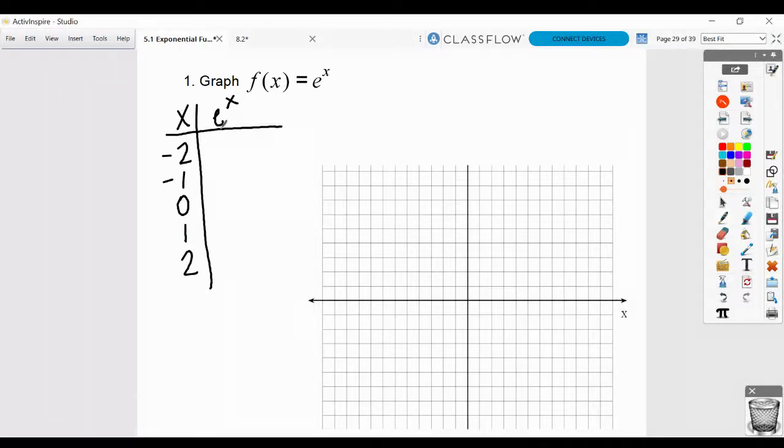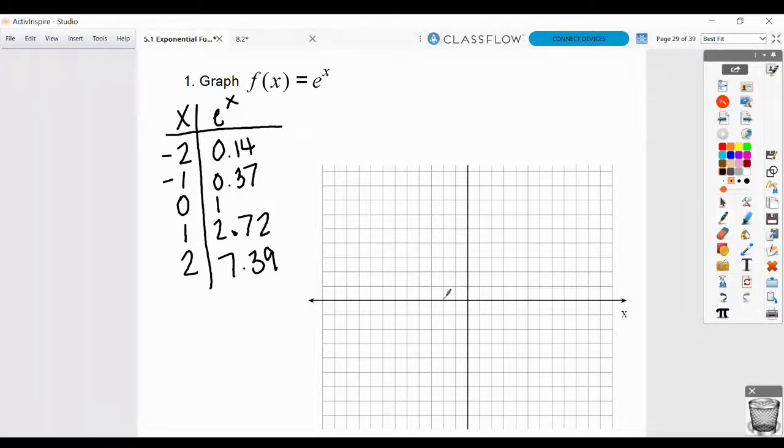If you put -2 in there for x, you would do e to the -2 and get 0.14. e to the -1, you get 0.37. e to the 0, anything to the 0 power is 1. e to the 1 would be 2.72. And e to the second would be 7.39.